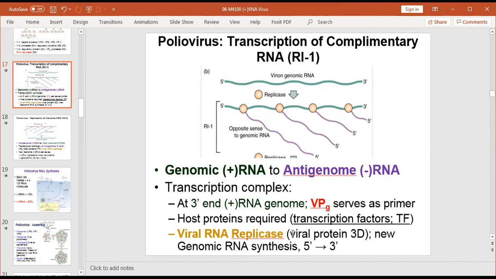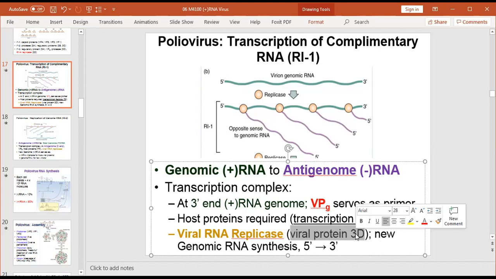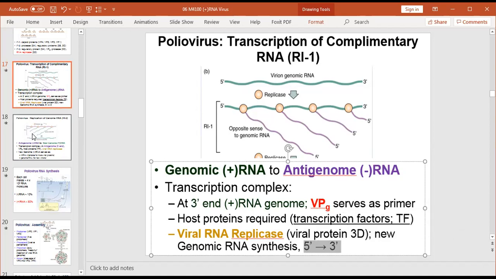It's basically the viral protein 3D that, in the previous slide, we discussed will be generated by autocatalytic cleavage and further processing of the single protein. So this viral replicase helps new genomic RNA synthesis in a 5' to 3' direction. So that's basically RI1.